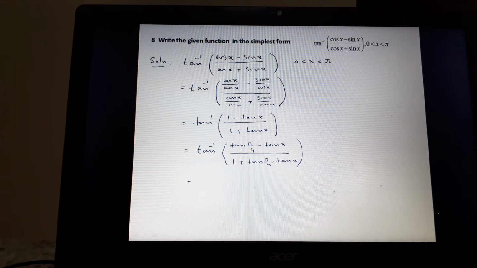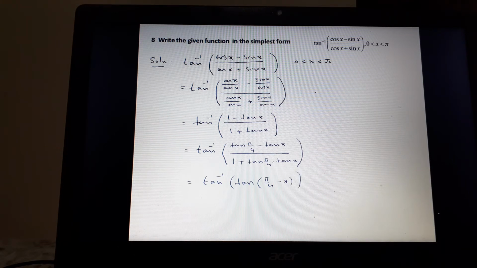Now this is clear. Tan a minus tan b by 1 plus tan a tan b is tan of a minus b. Therefore I can write it as tan inverse of tan of pi by 4 minus x.